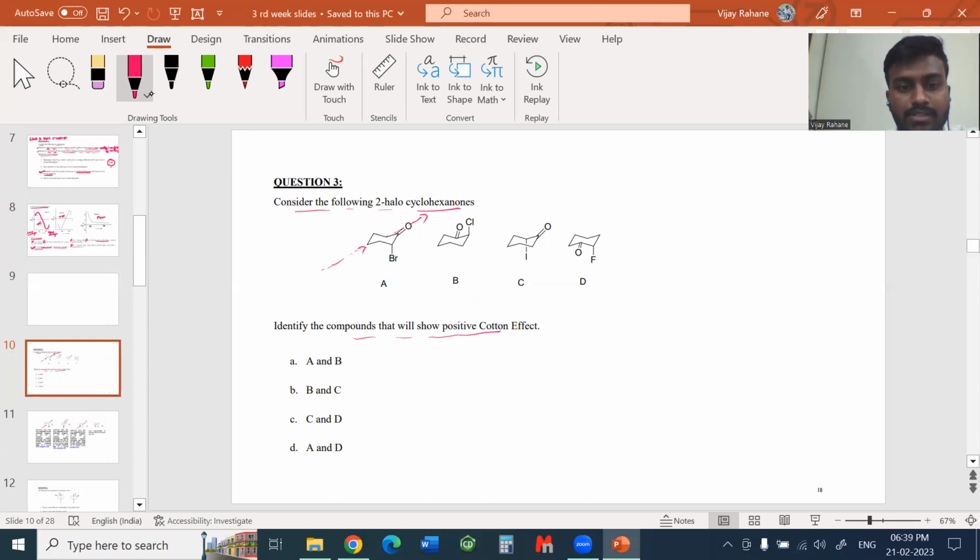But since we are seeing from opposite to the carbonyl carbon, we need to take the opposite representation. Here will be the carbonyl carbon. So if you give the numbering 1, 2, 3, 4, 5, 6, the first will be here, the second here. We can see the bromo on the right hand side, but it actually should be the left hand side if we look from this side, right?